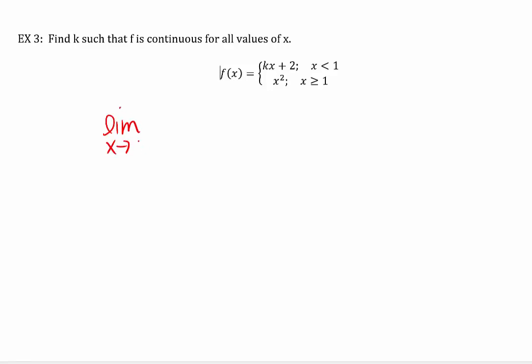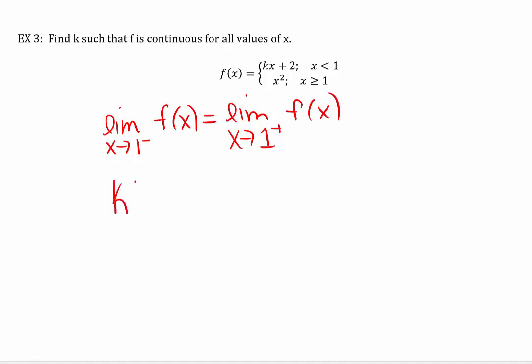In other words, if the limit as x goes to 1 from the left equals the limit as x goes to 1 from the right. So just like in the previous example, we need the two pieces to line up for this thing to be continuous. So I'm going to plug in x equals 1 into the top piece. So k times 1 plus 2.